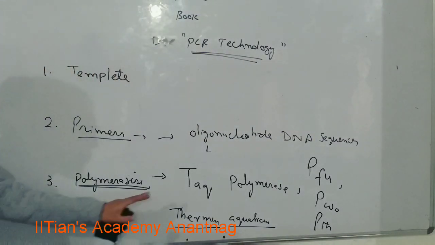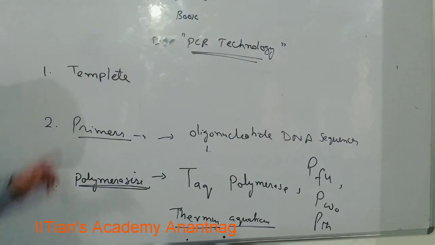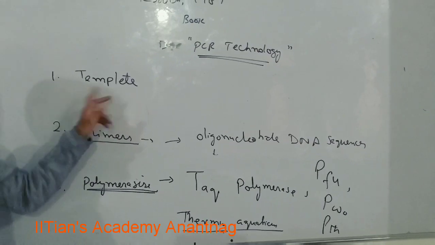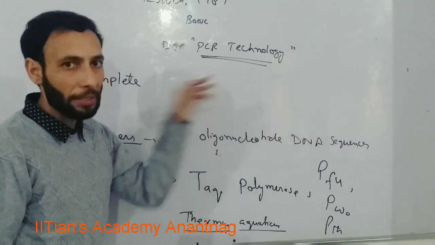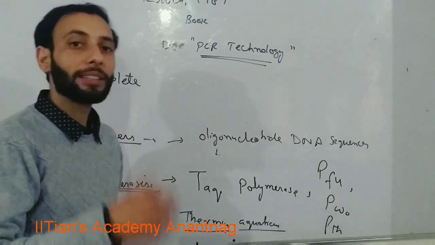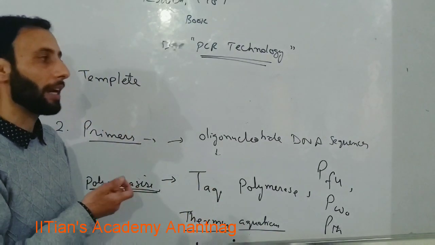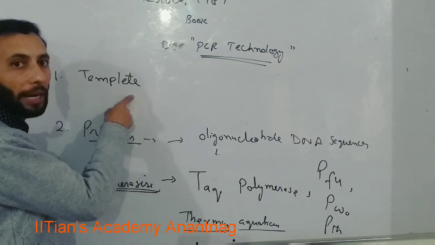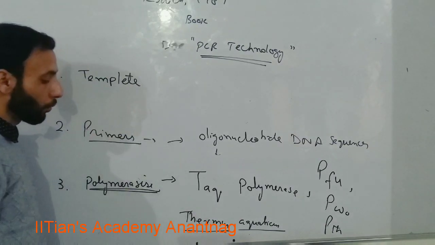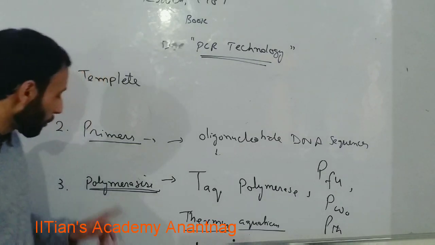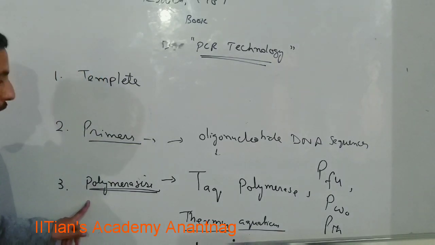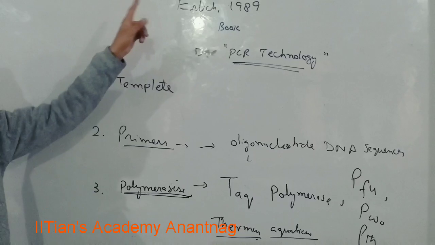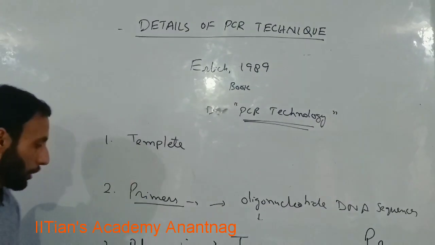These polymerases read the sequences of the template DNA and then synthesize a new DNA strand as per the sequences present in the template strand, by adding the complementary nucleotide bases to it. So this was the third requirement of our polymerase chain reaction.